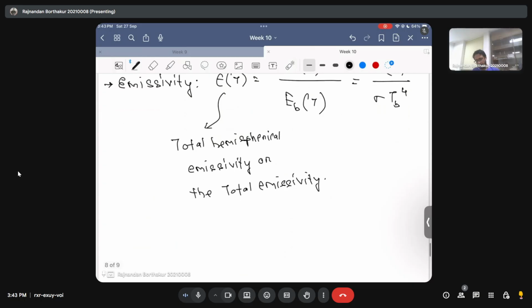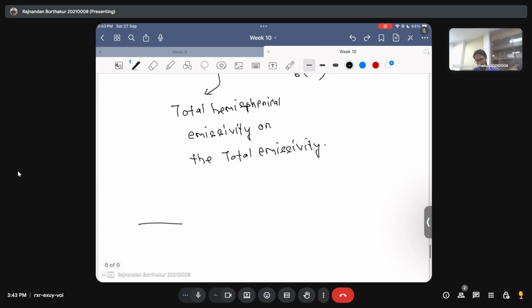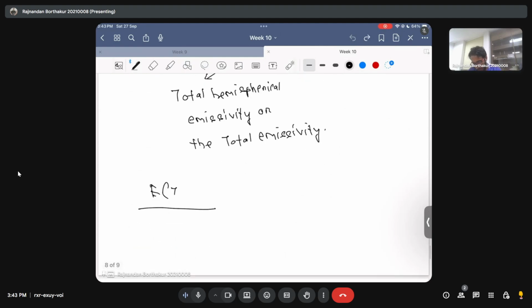Now, in the same spirit, one more thing you can infer is that you can now write the total hemispherical emissive power, or the total emissive power of a real body, as the emissivity times sigma times T to the power 4.